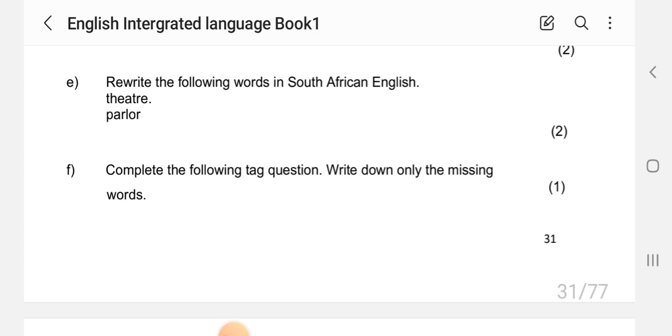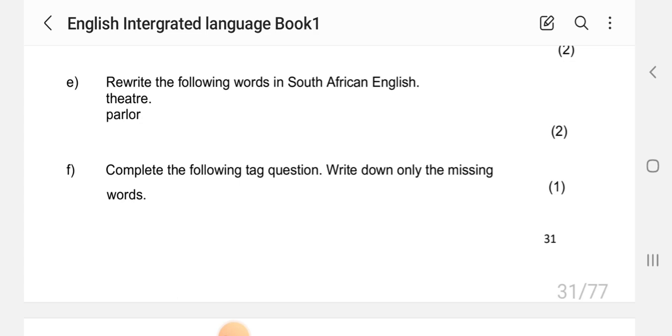So parlor in South African English will be PARLOUR. Between O and R, there is a U. Okay. That's what we have there.